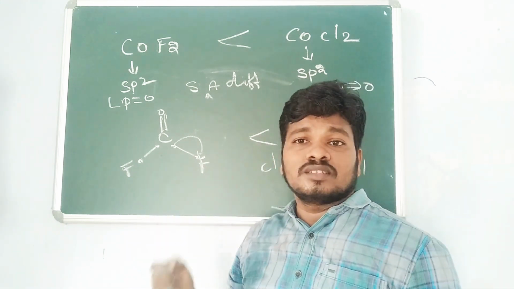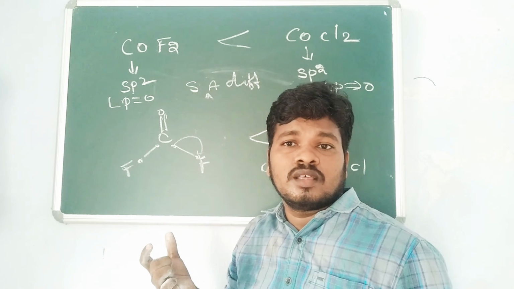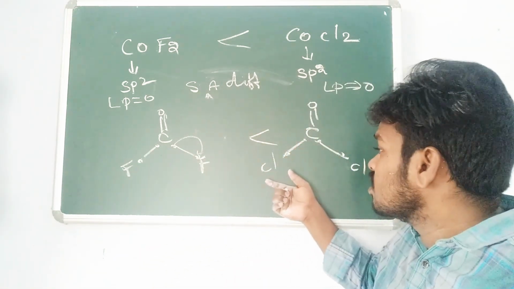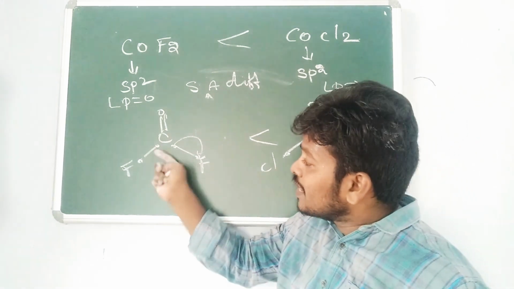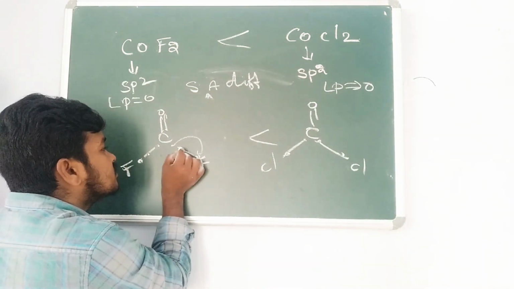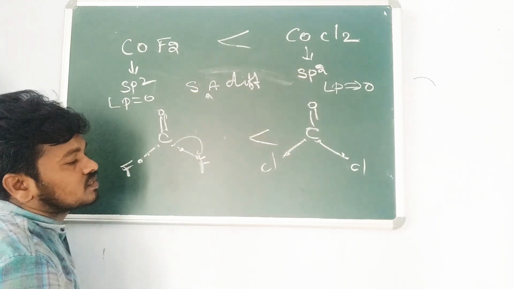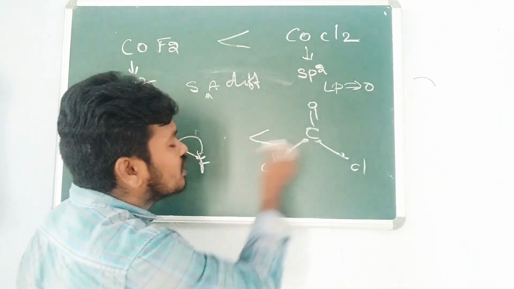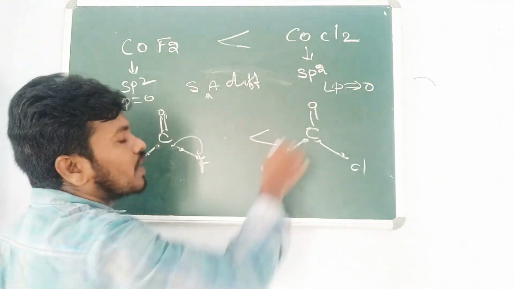Automatically what will happen? Less repulsion will happen. So here there will be no shifting of the electrons towards the chlorine. But here, the electron density around the central atom is decreasing, so automatically the bond angle is decreasing. Here, like this only, towards the carbon only a little bit. So automatically the bond angle is more.